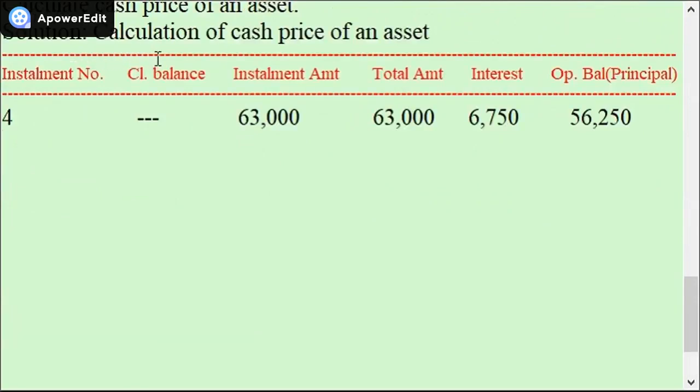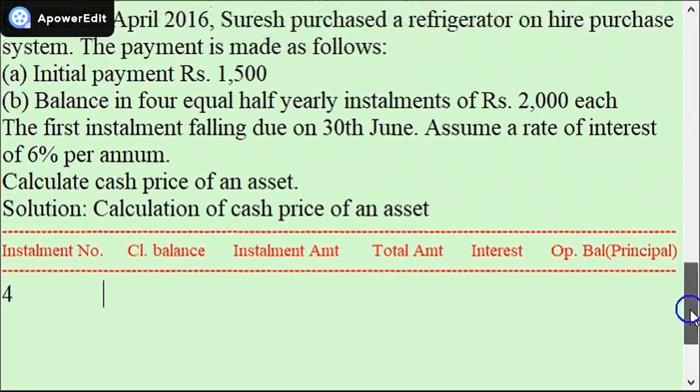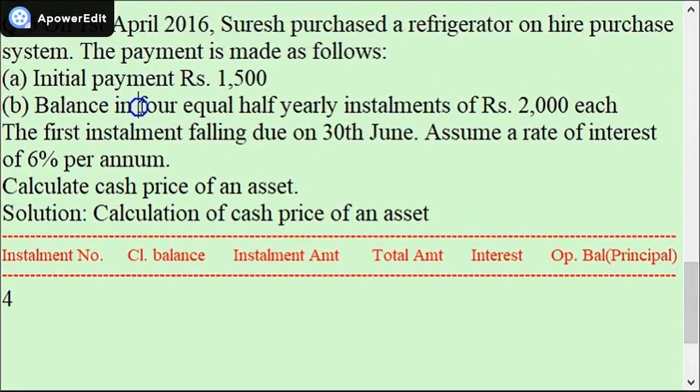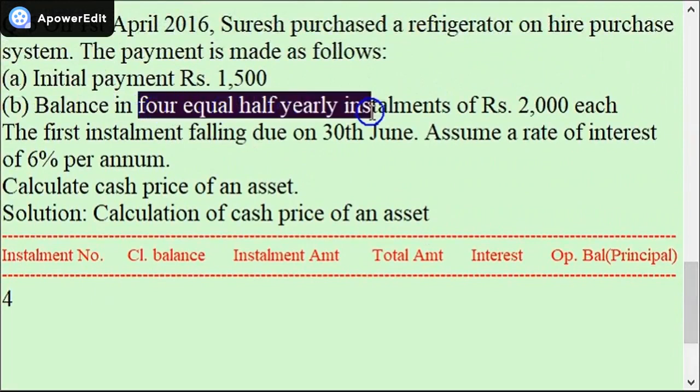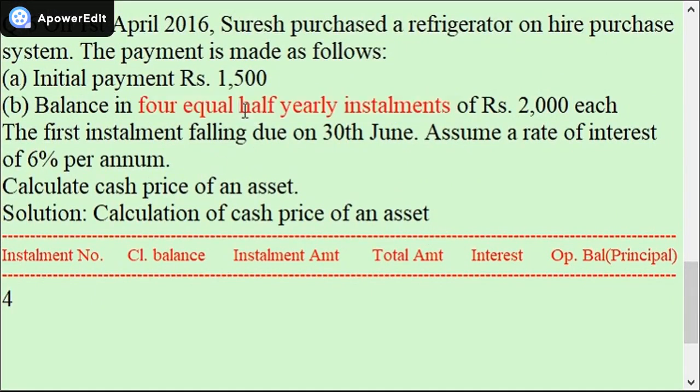Calculation of cash price of an asset to make payment in 4 equal half yearly installments. Means every year I am paying 2 times of rupees 2,000 each. So you pay in 4 installments every half yearly, 2,000 each.